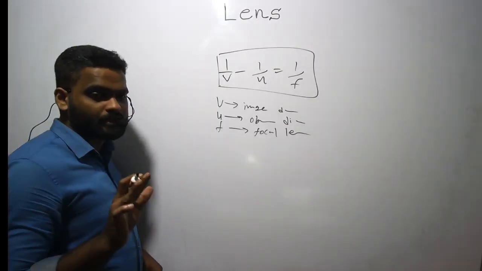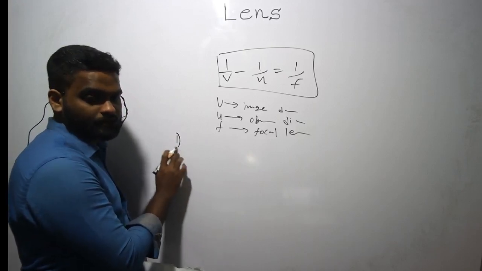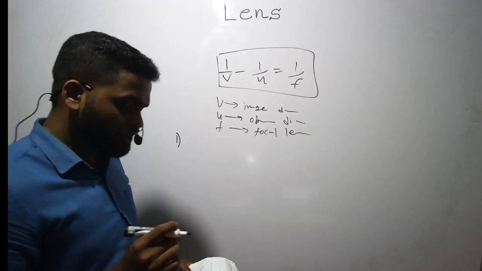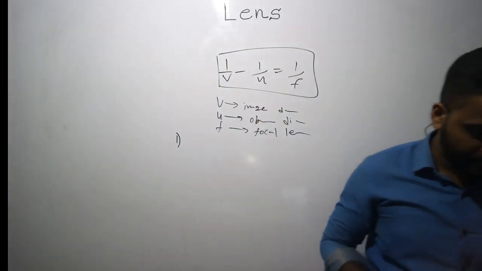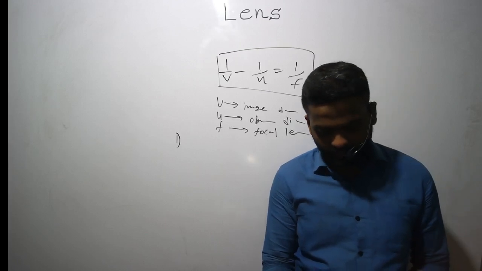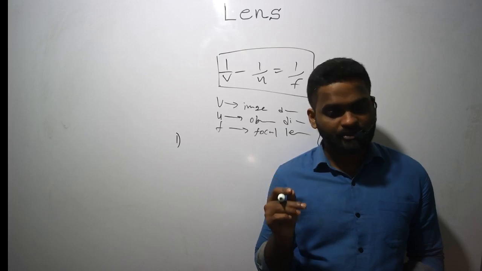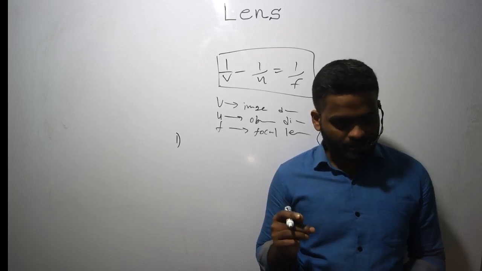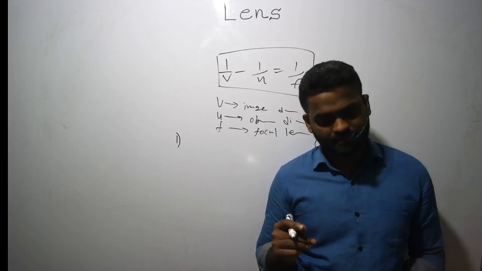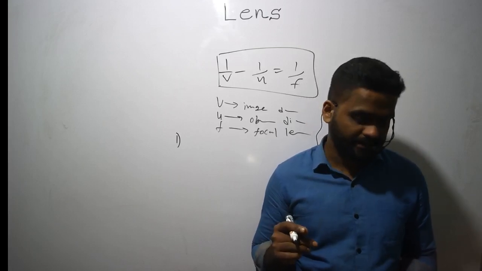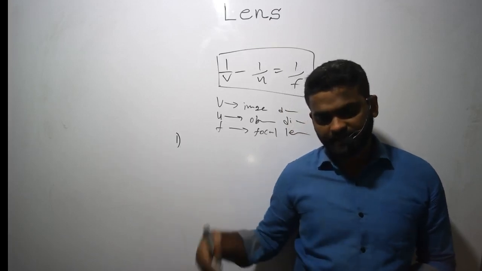So these are the rules that you have to follow when you are thinking of this equation. First, write down the first one: all the distances are measured along the principal axis from C, from the optical center, right?